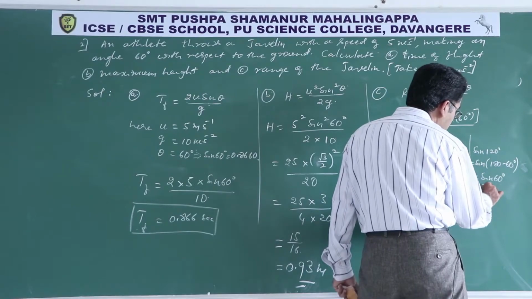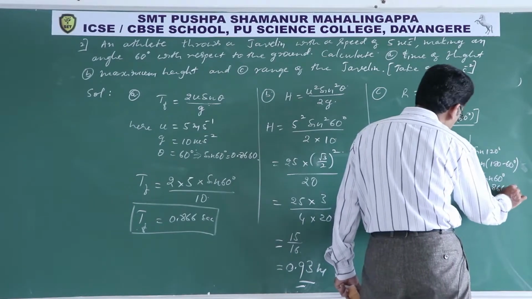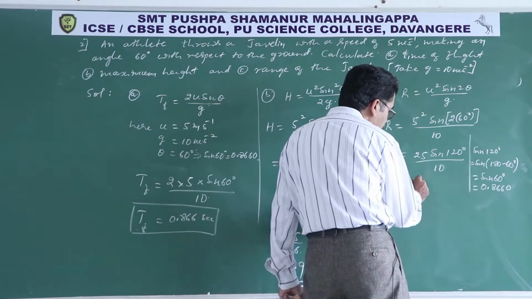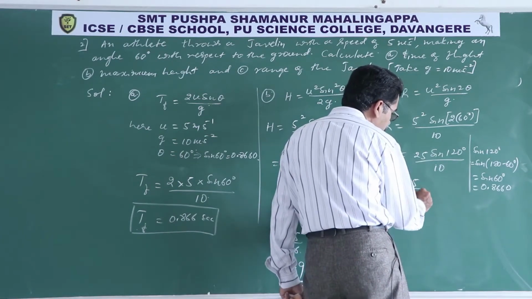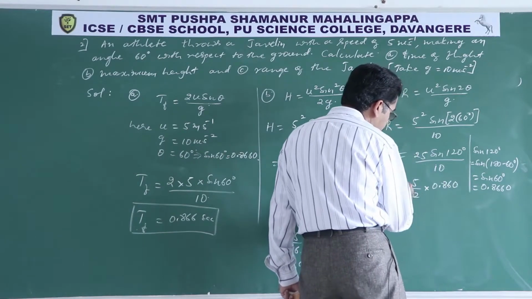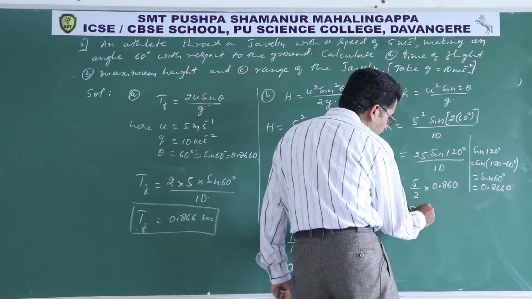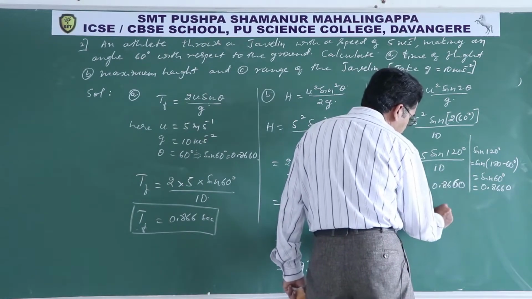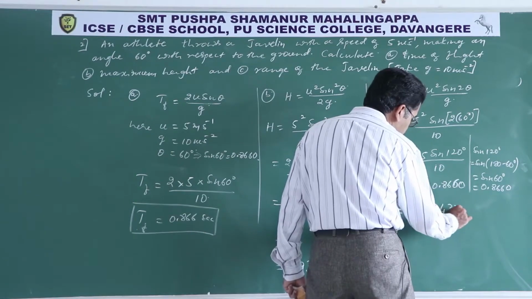What is the value of sine 60? 0.8660. So when you simplify this, 25 by 10 times 0.8660, or 5 into 0.433.